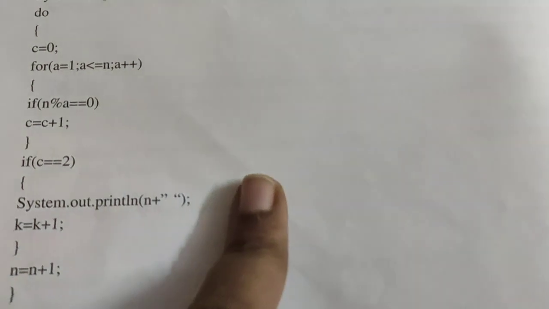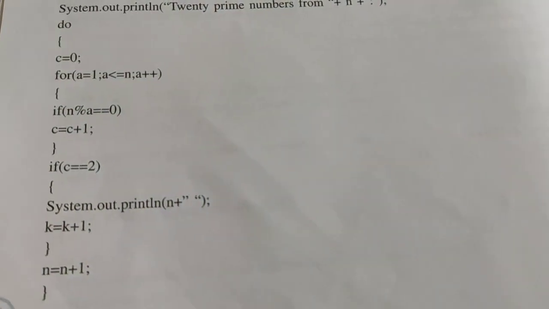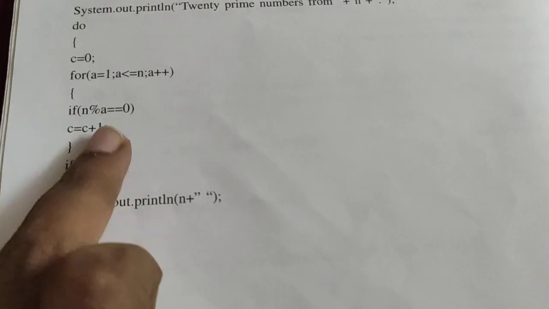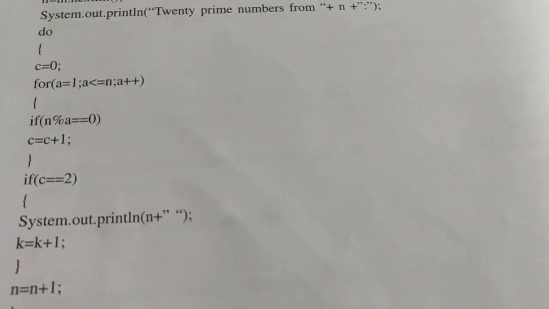This n is equal to n plus 1 is to increase the input number, because from the number the user has given as input, we are going to print 20 prime numbers. So we have to increase the input number, and only then can we find whether the next number is a prime number or not.